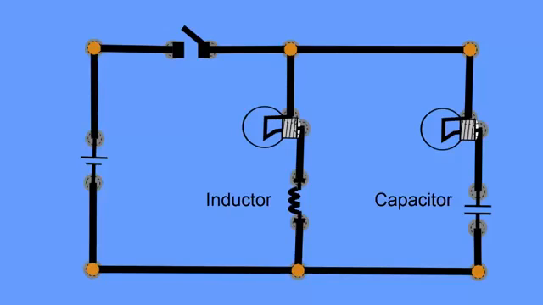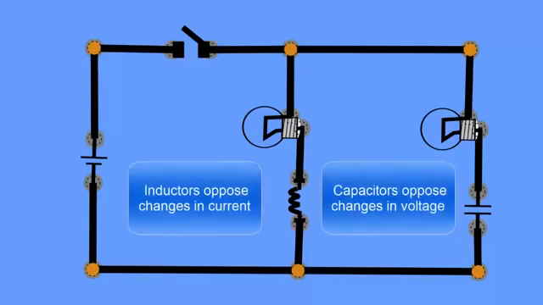So we know inductors oppose instantaneous changes in current, and capacitors oppose instantaneous changes in voltage. So these are the two things that they do: one opposes a change in voltage, one opposes a change in current.